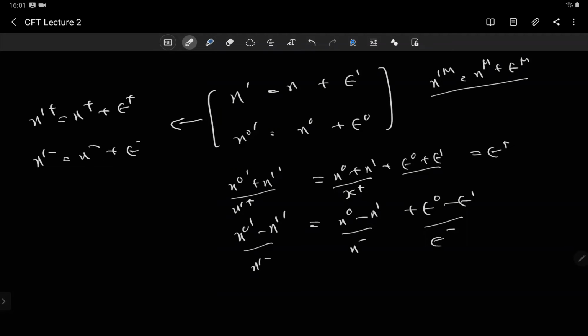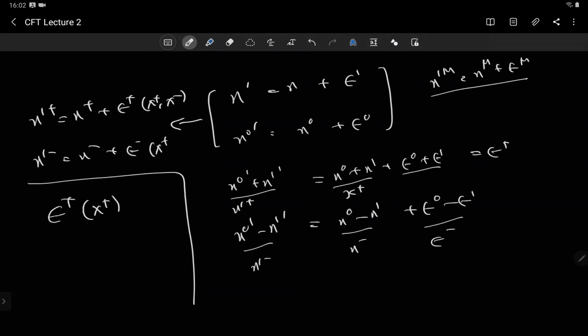Okay, what that equation tells you is that epsilon plus is only a function of x plus, meaning a general transformation will be a function of both x plus and x minus. But if it's a conformal transformation, then epsilon plus is only a function of x plus, and epsilon minus is only a function of x minus. You understand?